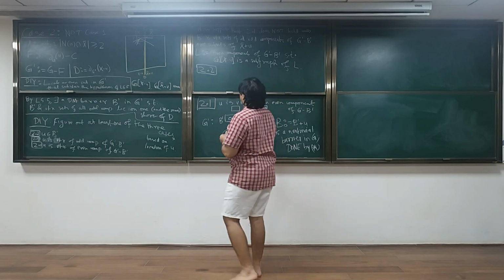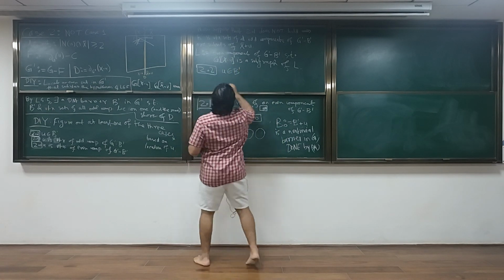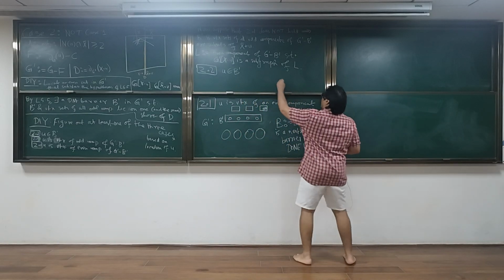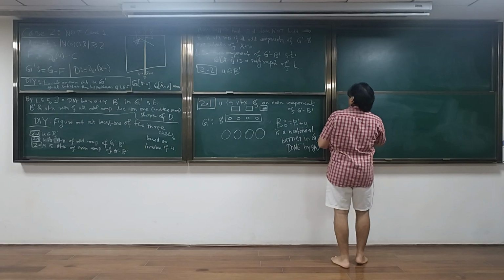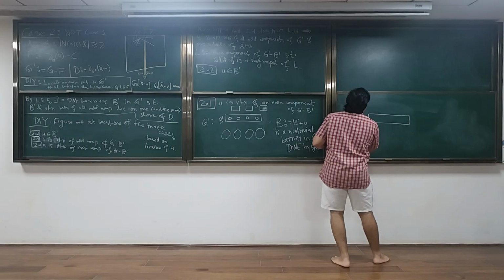The vertex U belongs to B prime. Let's make a drawing of this situation. So maybe I'll draw it here. This is B prime.